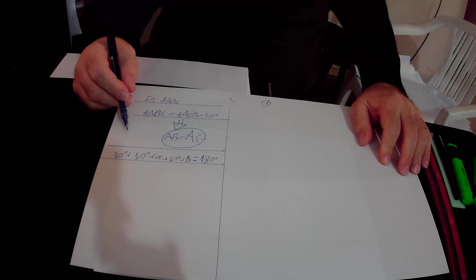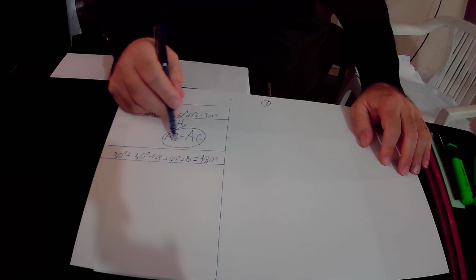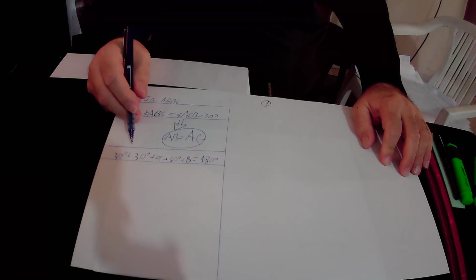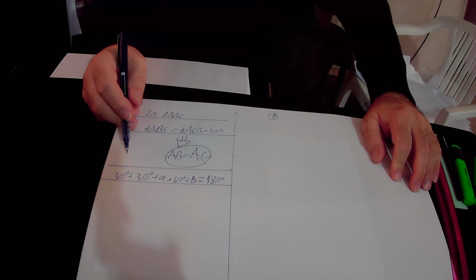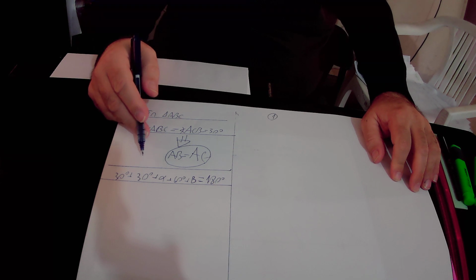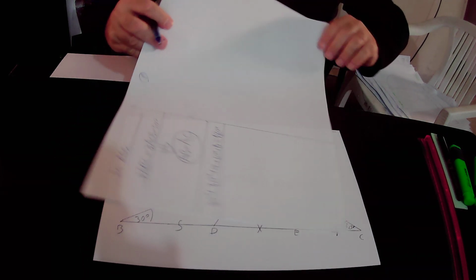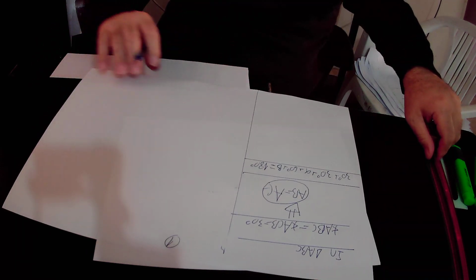So this expression expresses the fact that the sum of the angles in triangle ABC is equal to 180 degrees. Here 30 degrees plus 30 degrees is 60 degrees, and 60 degrees plus 60 degrees is 120 degrees.